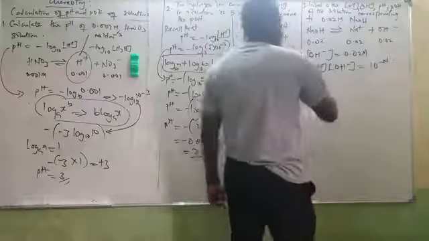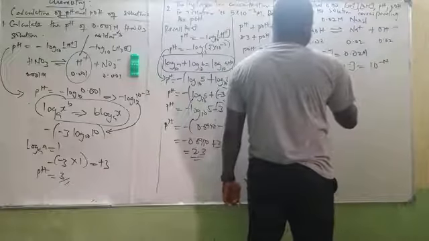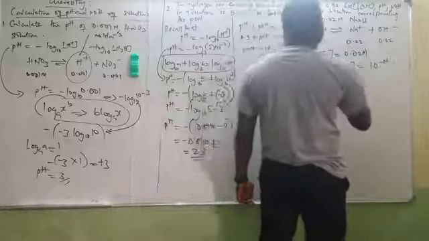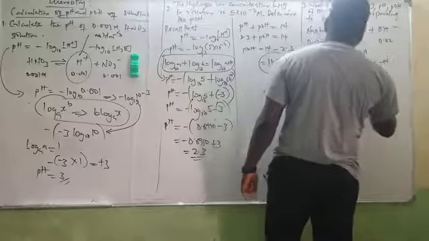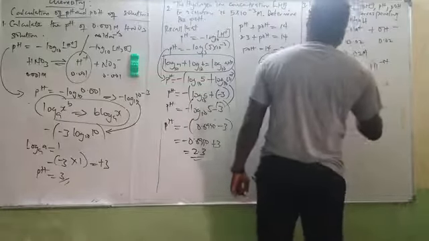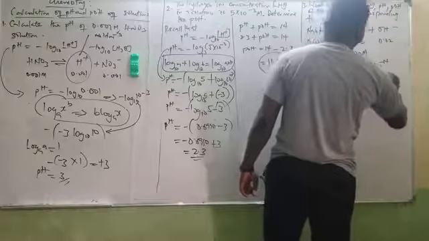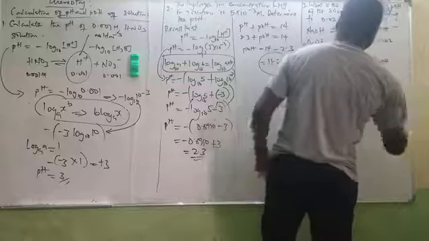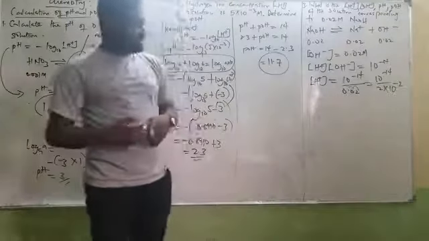So we don't know what this is, but we know this, and we are looking for this. So we can say that this is 10 raised to power minus 14 divided by 0.02, which is 2 times 10 raised to power minus 2. I believe you understand what I'm doing mathematically, right?